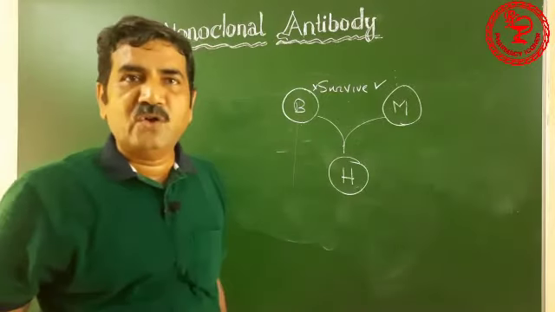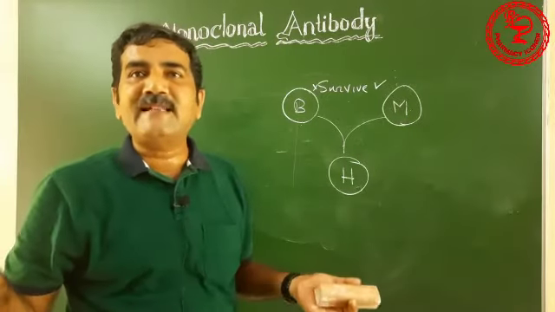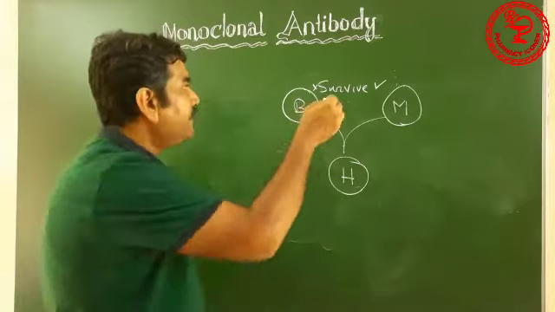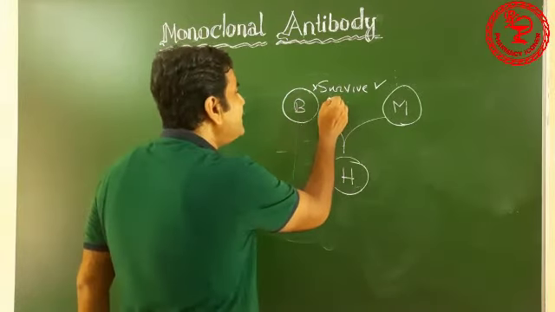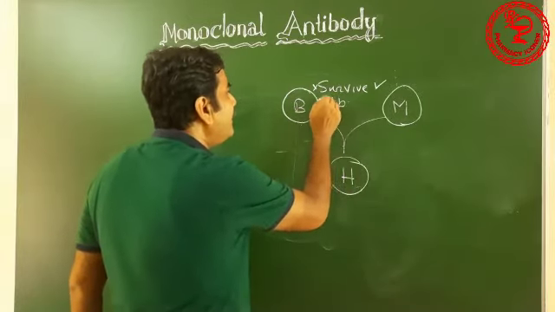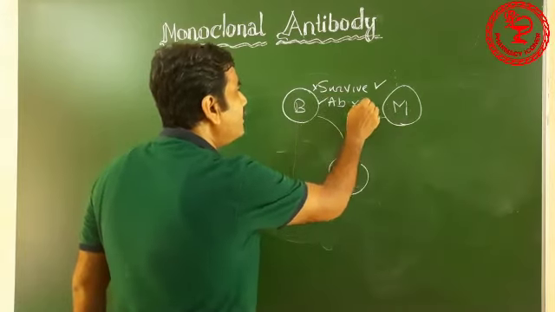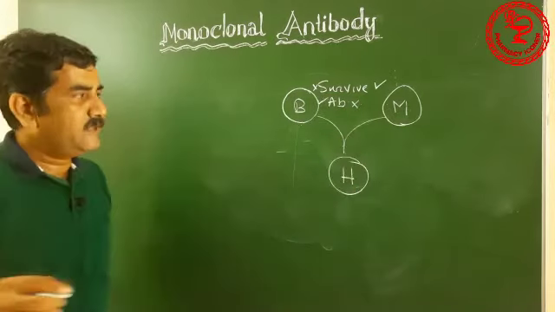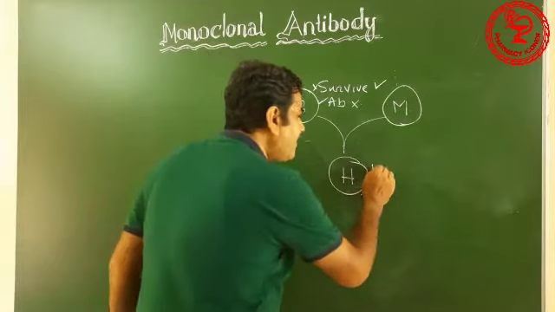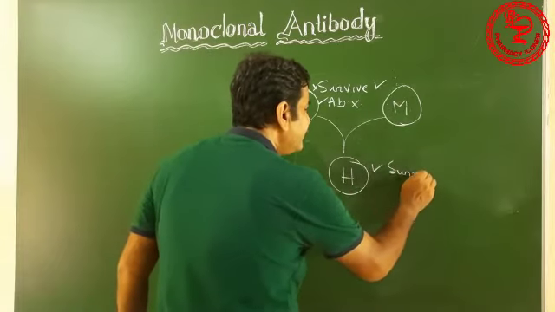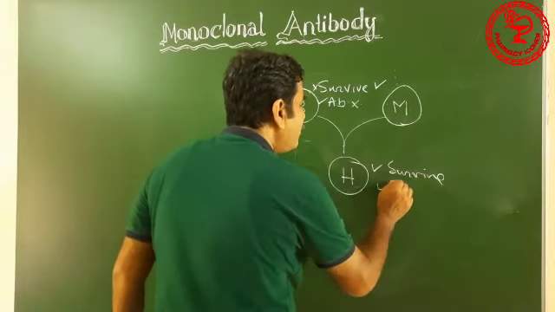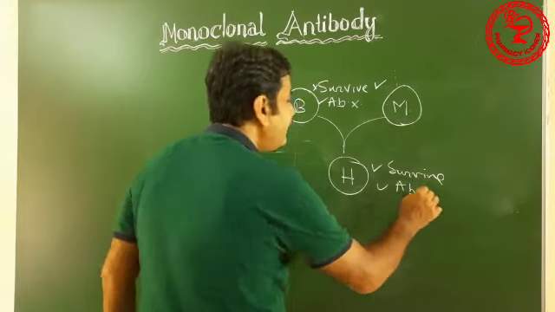Cancerous cells, as you know, are immortal if they get sufficient nutrients. The B cells can produce antibody, and the myeloma cell cannot produce antibody. Now, this hybrid cell will survive and can produce antibody.